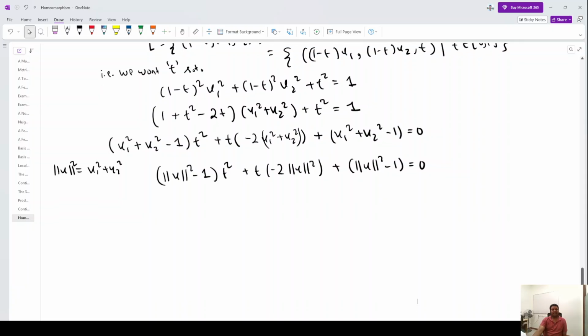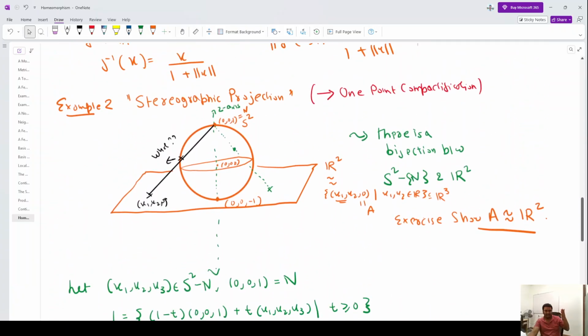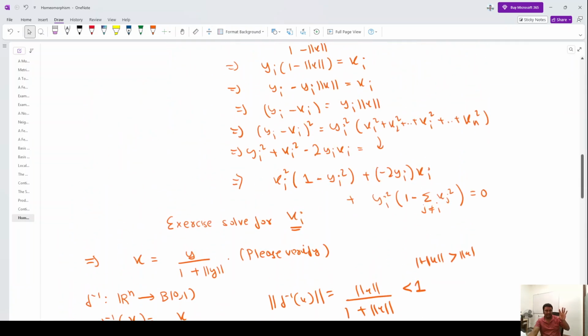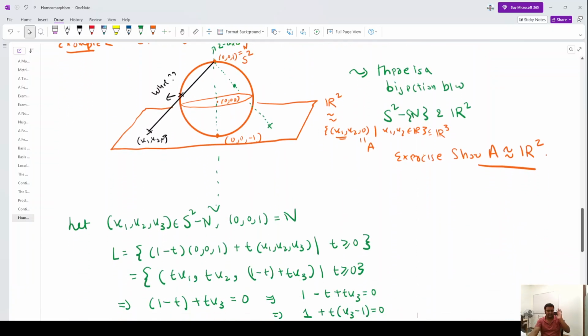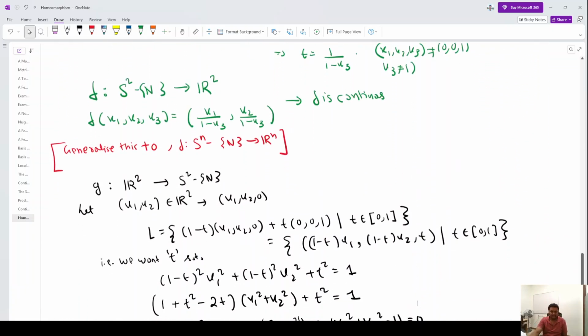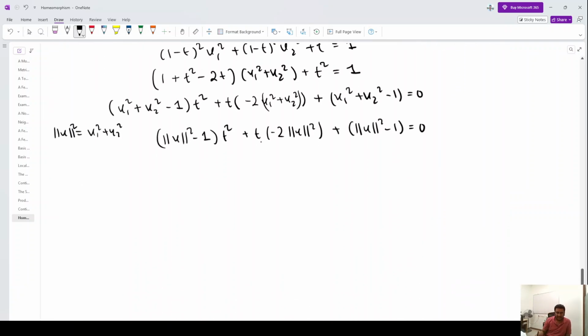Good. Let us find the value of t. Something like the above calculation is there in the first example. I will not do that, but I will do this properly. I'm again saying there might be a simpler way, but let me do it this way.